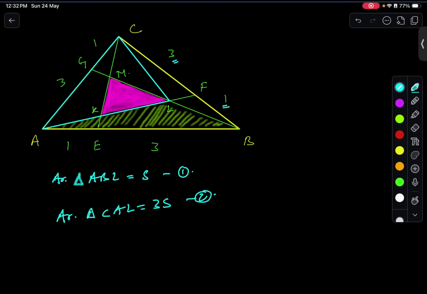If this is S, then this will be 3S, by the theorem we have done earlier. Again, I'm using that one only.